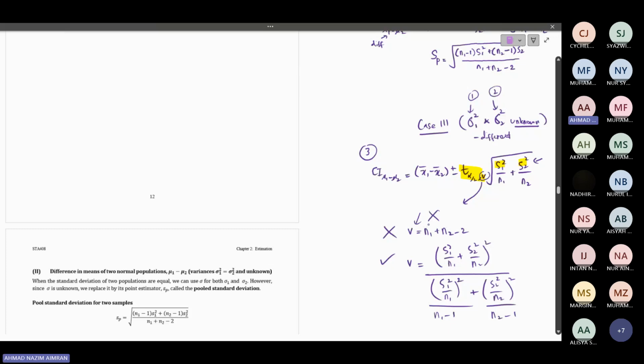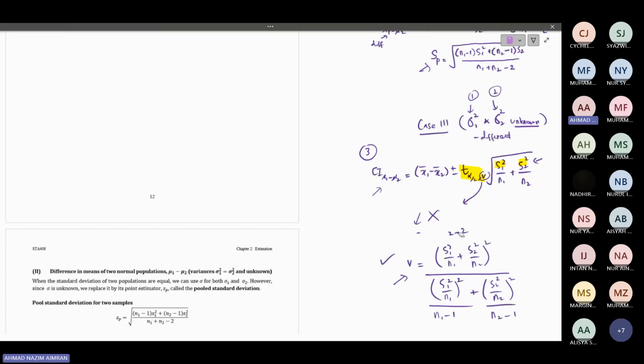And don't worry, all the formulas will be given. They are in the formula tab, the list of formulas that I've shared with you. You don't have to memorize the formulas, but it is better if you can. Usually all the information required to calculate the pooled standard deviation, the degree of freedom, or the confidence interval will be given.